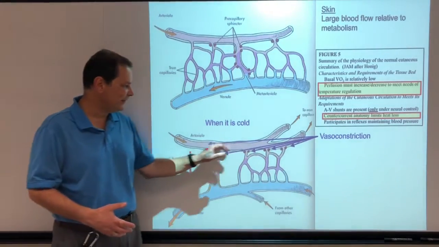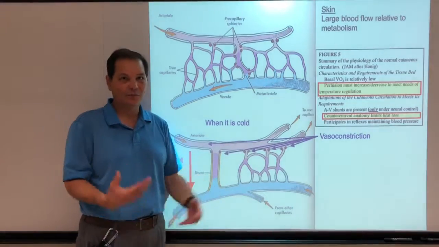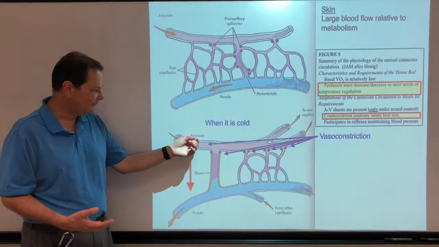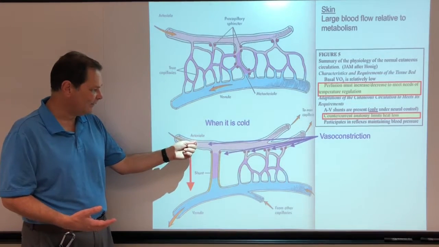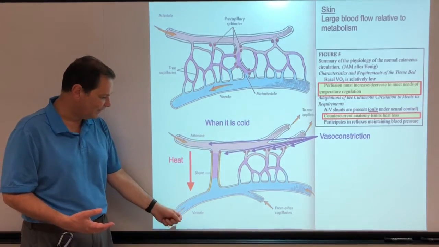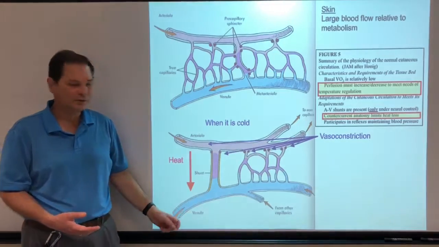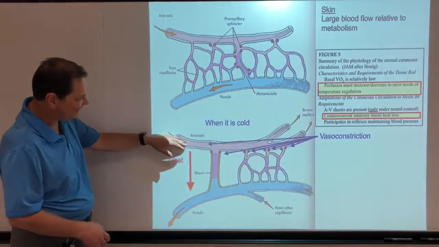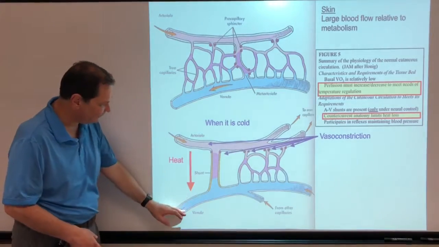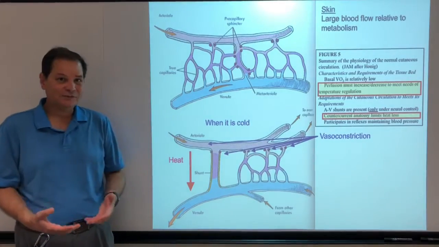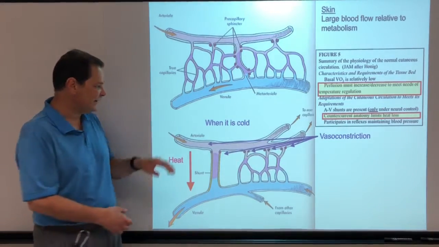Now we've reduced the amount of blood going in because we want to expose as little as possible. But in the artery, for the blood going in, you've got blood that's relatively warm. In the vein, you have blood returning from the skin. It's relatively cold. So what happens is heat is transferred from the arterial to the venule. Okay? And you get heat transfer. We call that countercurrent exchange.